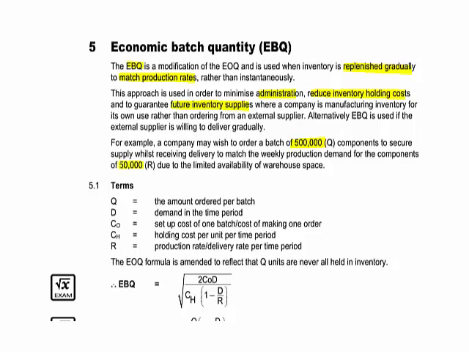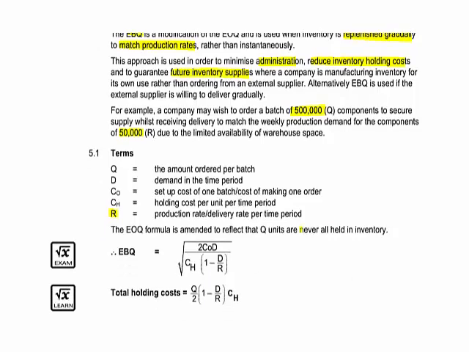And that weekly demand is the production rate or the delivery rate, and that's denoted by R in the formula. So the formula for the EBQ is very similar to the EOQ, except we're recognising that we never hold everything in inventory.